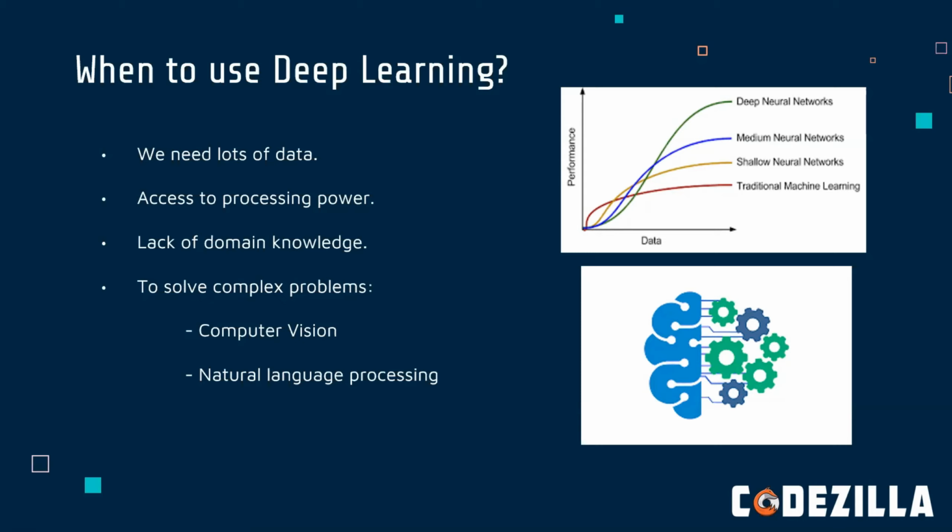When there is a lack of knowledge, deep learning outshines traditional machine learning as the neural networks figure them out for you. And deep learning really shines when it comes to complex problems such as computer vision and natural language processing.